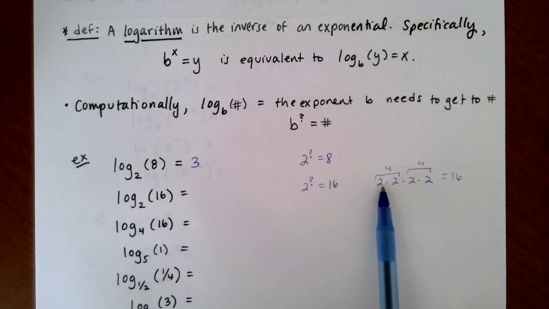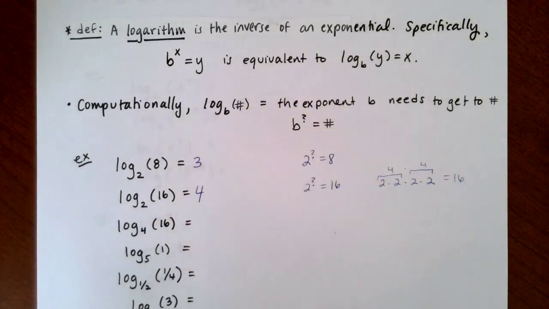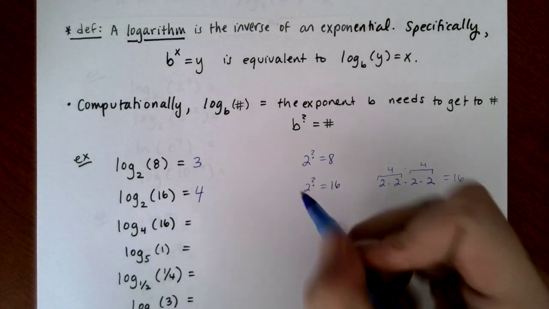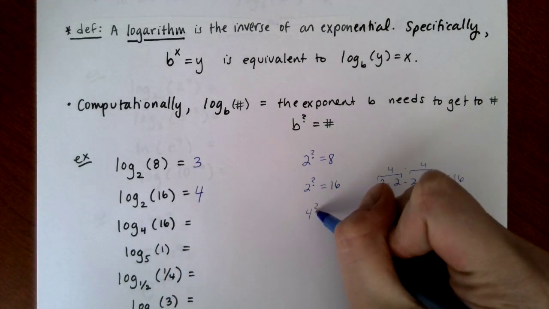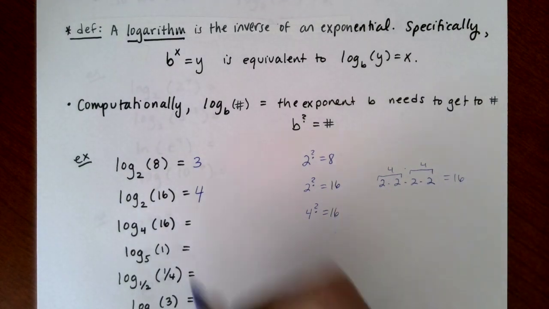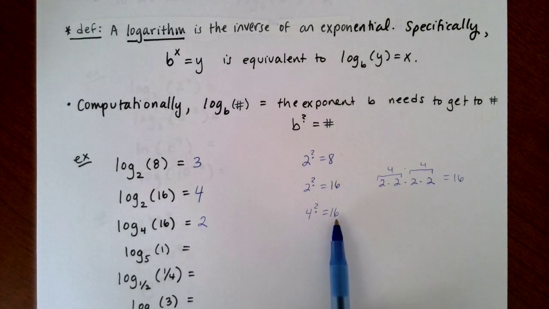So that means 2 to the 4th power is 16. So the exponent 2 needs to get to 16 is 4. For the next one, log base 4 of 16, we're saying what exponent does 4 need to get to 16? That would be 2, because 4 to the 2nd power is 16.